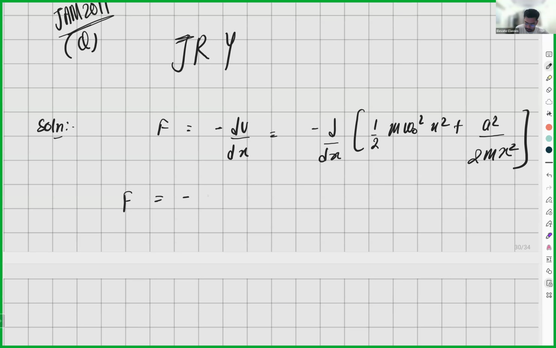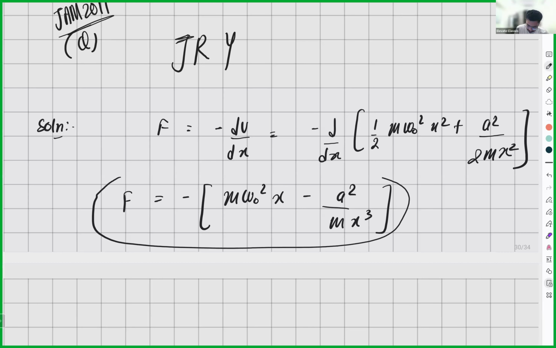So this becomes minus of m omega naught square x and minus 2a square by 2m x cube. So 2 gets cancelled. This is the force.